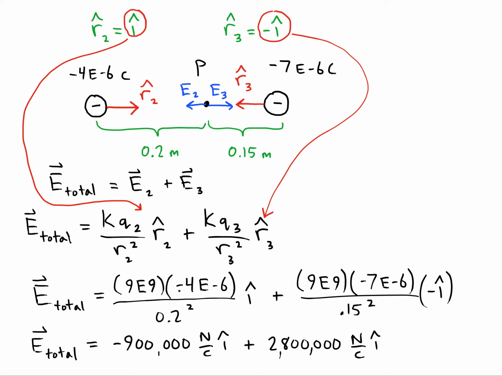You'll see that the signs do work themselves out so that they have the correct directions in the end. E2 points to the left and E3 points to the right. So it's good. That's a little more advanced way of approaching it, but it is a useful way of doing it, especially when you get into two-dimensional problems.